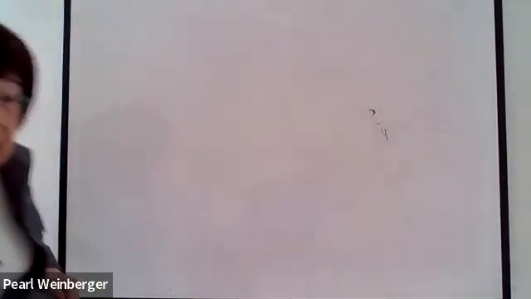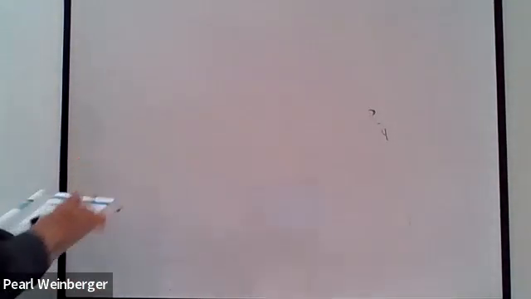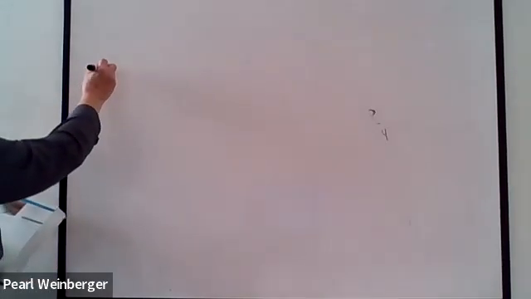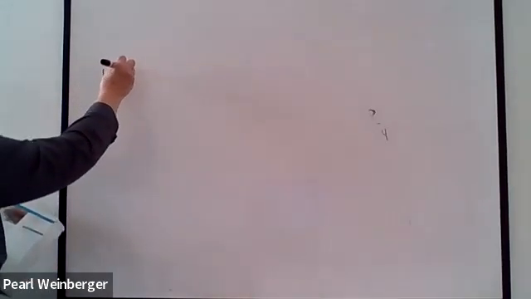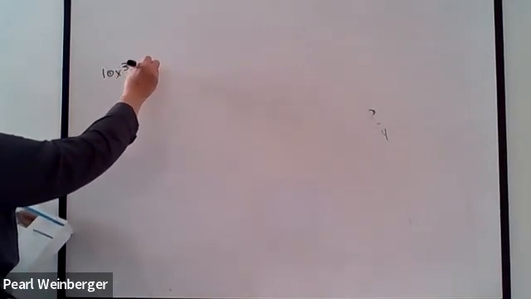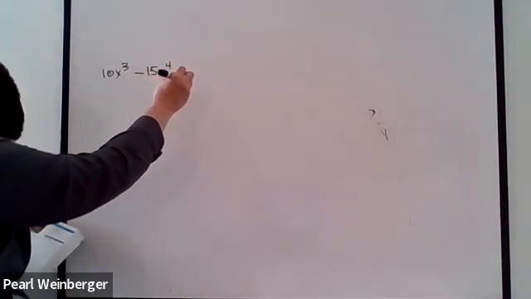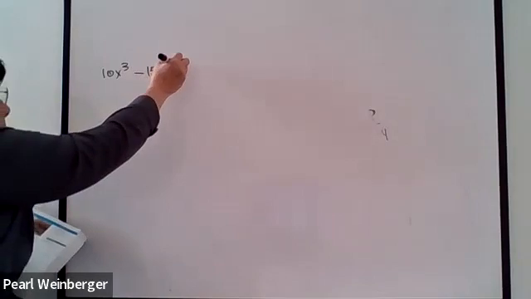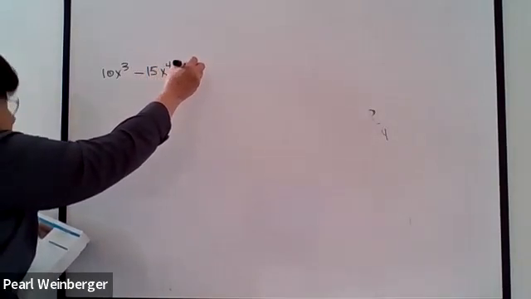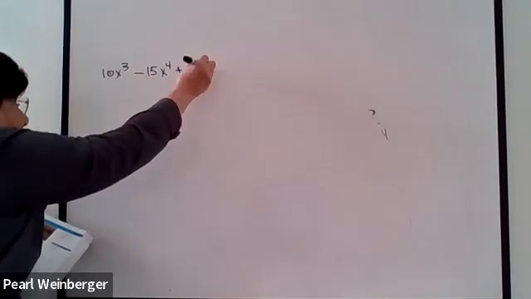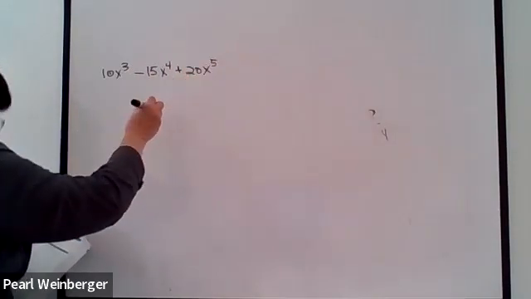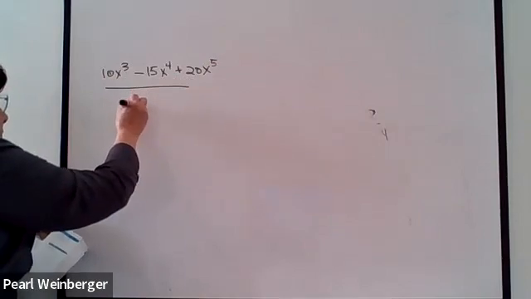So first of all, let's talk about dividing a polynomial by a monomial. What if I were to give you a problem that looks like this? 10x to the third minus 15x fourth plus 20x over 5x squared.